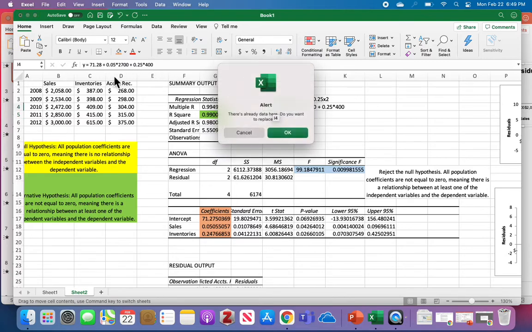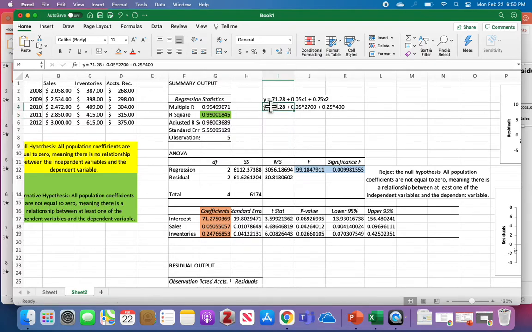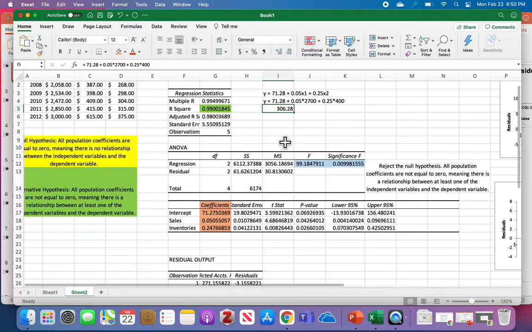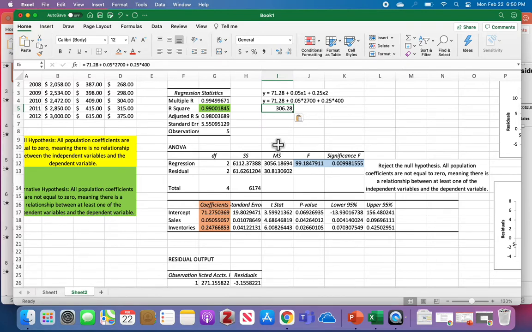If we take that equation and type it into Excel as just an equals, we get $306.28. So if in the next year our sales ended at 2,700 and our inventory was at 400, we would expect to see accounts receivable of $306.28. So that's how you would use the model to actually predict.